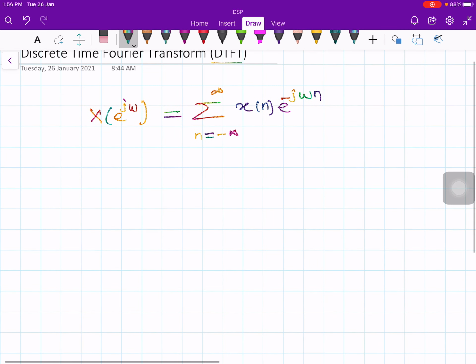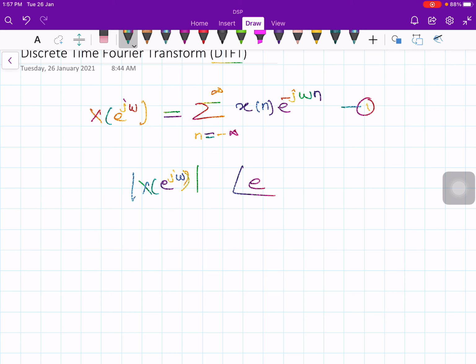Okay, so this equation can be described in polar form, I mean in terms of magnitude and phase angle, or in terms of the real part and the imaginary part.